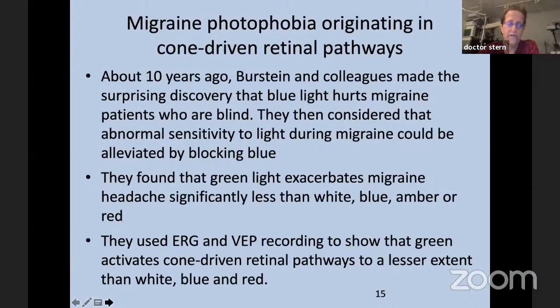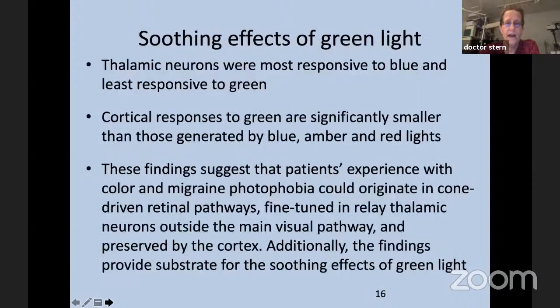That's the reference on the previous slide. And so this is somewhat more about the soothing effects of the green light. So thalamic neurons, which are more involved with pain, were least responsive to green. And therefore, they found that the green could be used for these migraines.